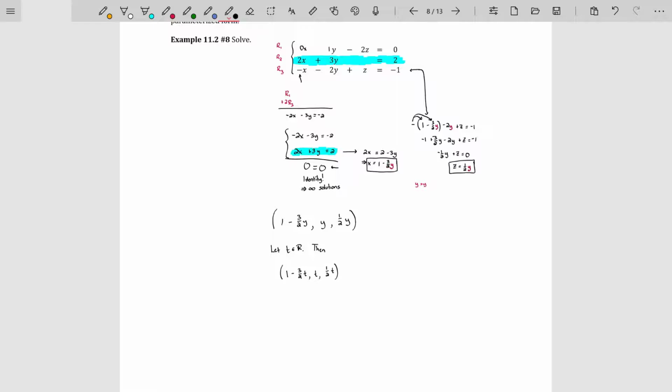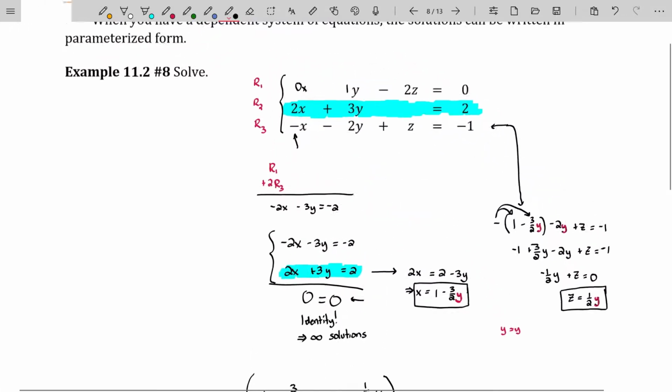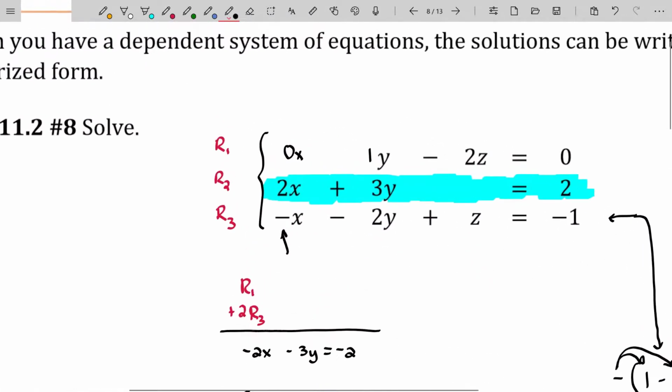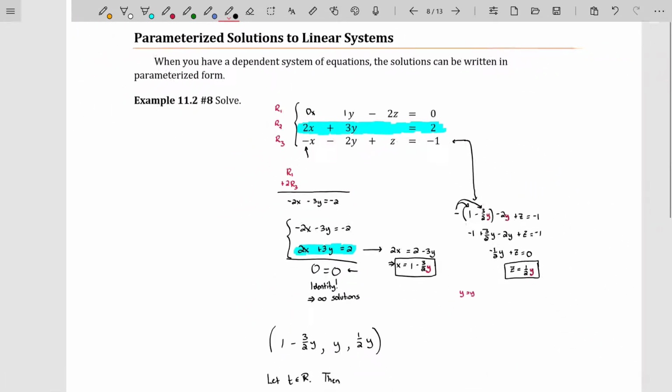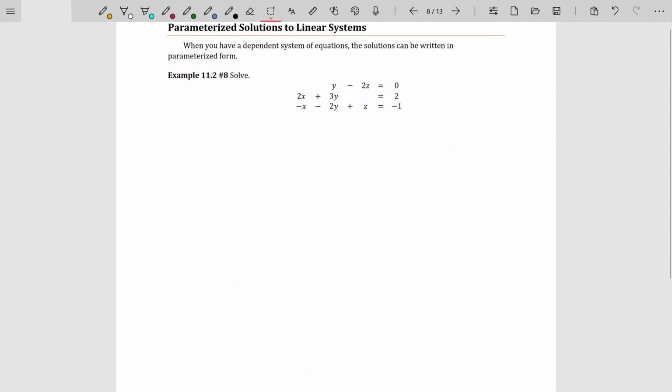Our answer is correct, but there are a few other ways you could write this that are equivalent, just not the same as the answer that we got. They don't look the same and likely wouldn't be accepted as the same in an online homework system. So let's pretend that you're working with an online homework system and they say, solve this system. And you say, okay, let's go ahead and restart the problem here.